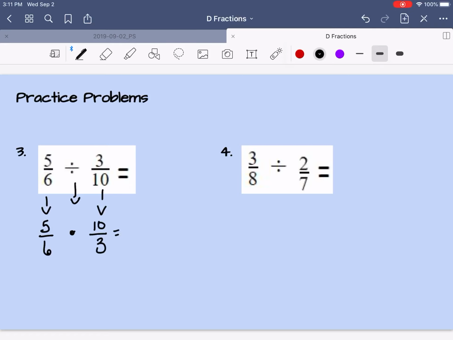Okay, and then numerator times numerator, denominator times denominator. 5 times 10 is 50. 6 times 3 is 18. Now I'm noticing that 50 and 18 are both even numbers, which means I can divide both of those by 2.